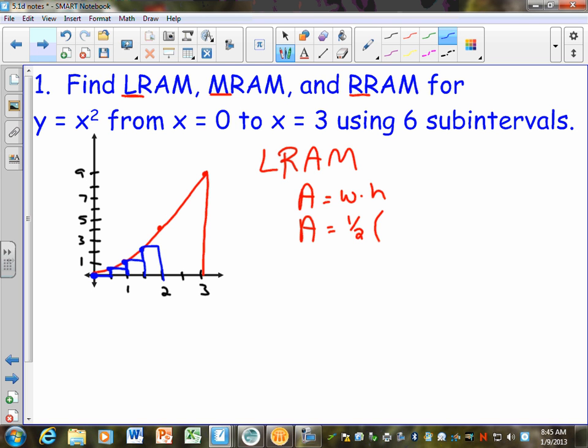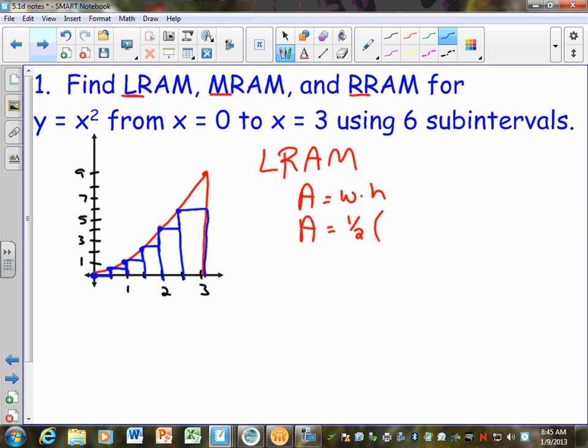And it looks very much like the one that we just did on the previous page, where they're all just nice underneath. I'd use 2.5, which would be right here. And those would be my 6 rectangles that I'm using.